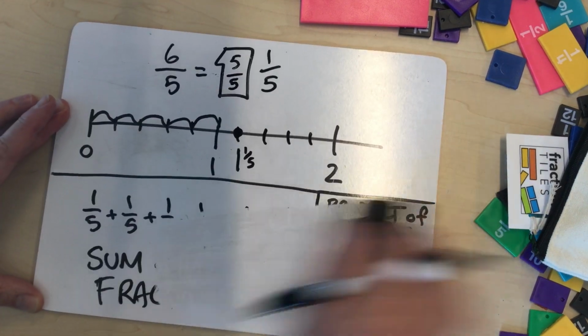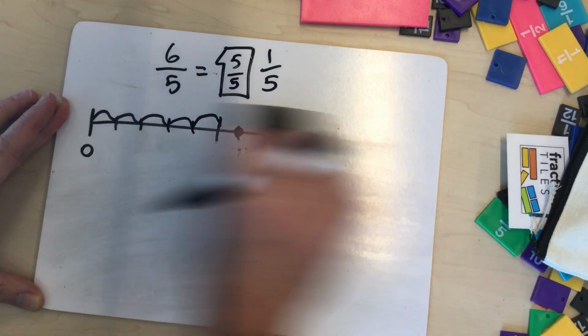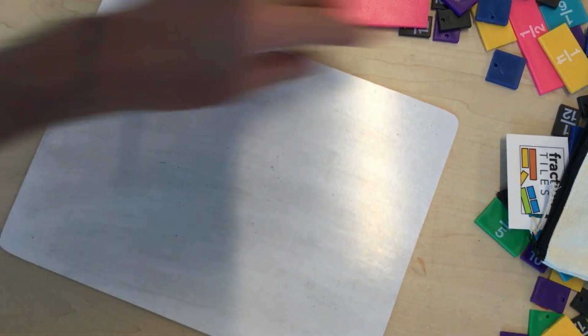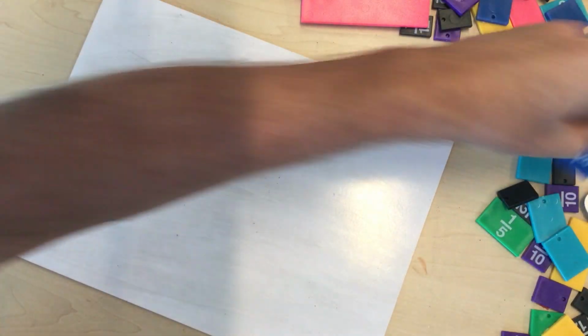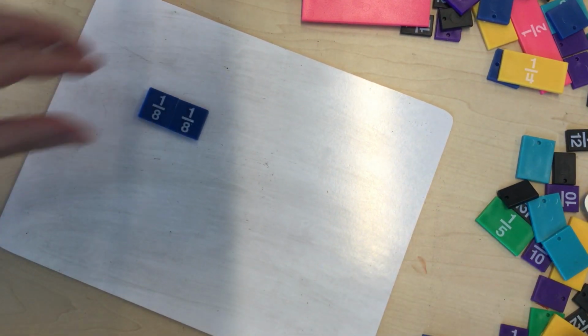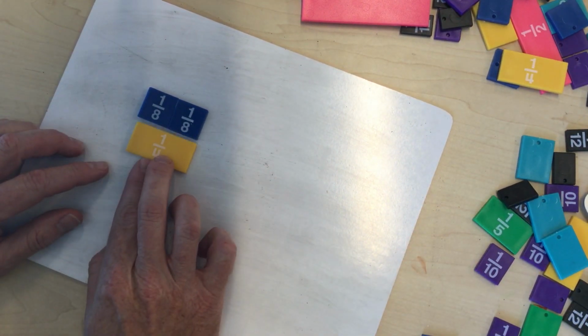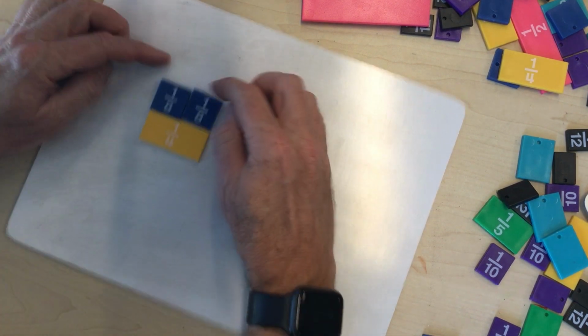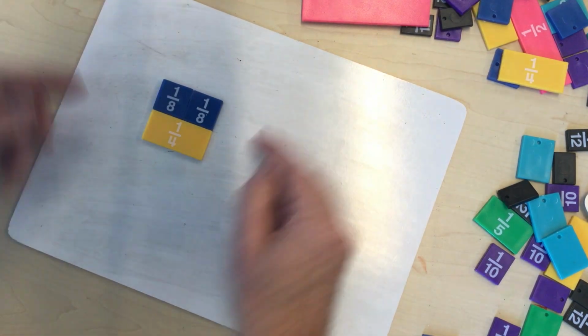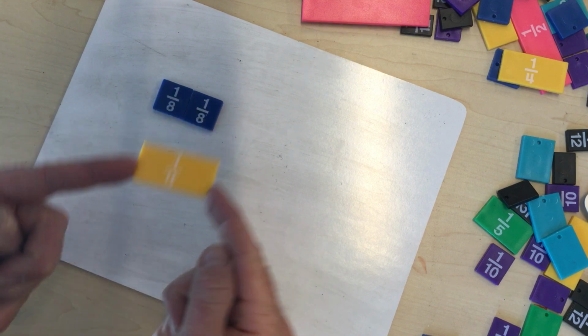But this time, instead of fifths, let's do eighths. I also want to show you this. 2/8 is 1/4. That's hard to read, but that's a fourth.